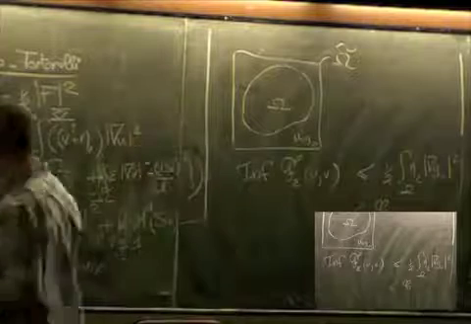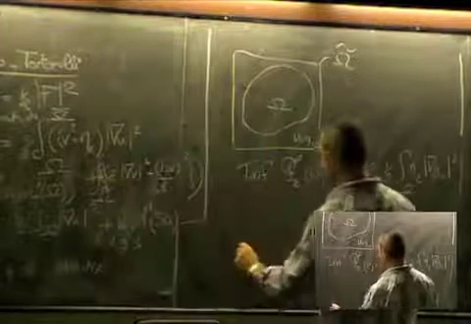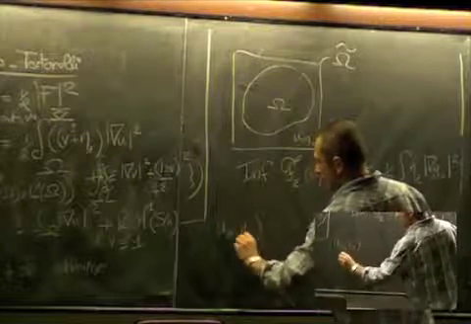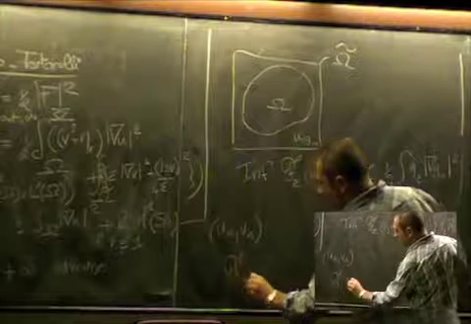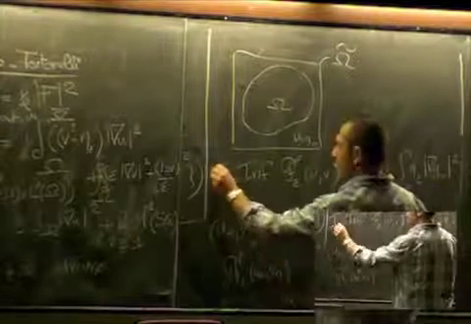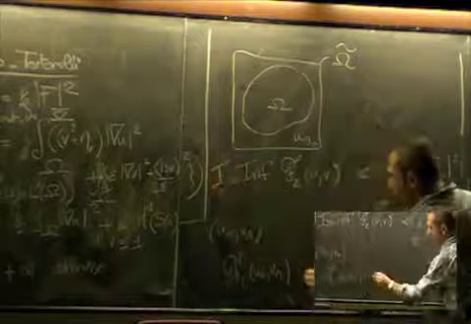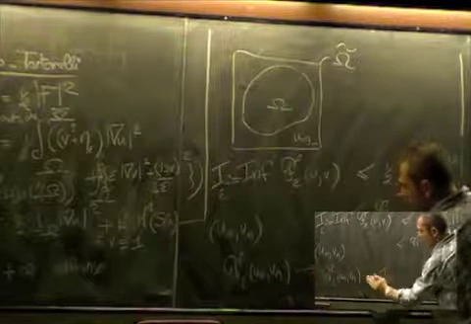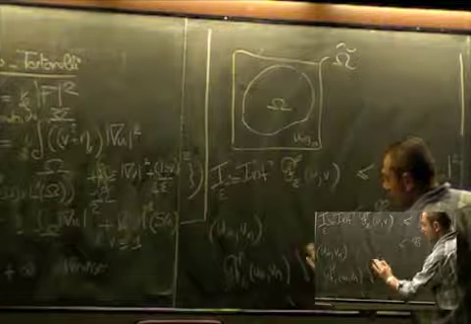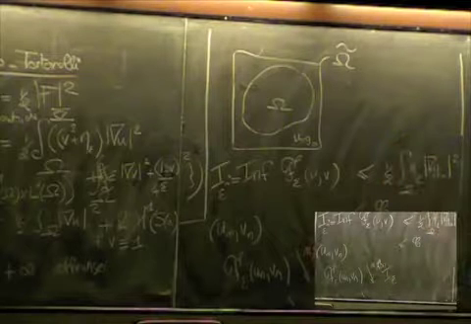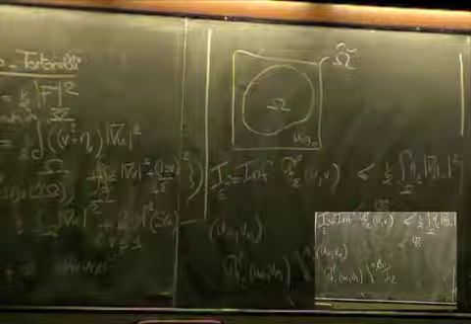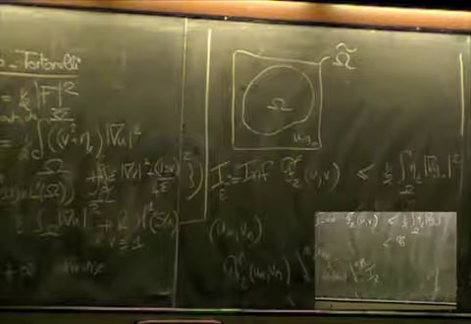So now I take a minimizing sequence of this. I take a U_n and a V_n such that F epsilon of U_n, V_n decreases to I epsilon with n. So epsilon is fixed and n goes to infinity. And then I look at the properties of U_n and V_n.